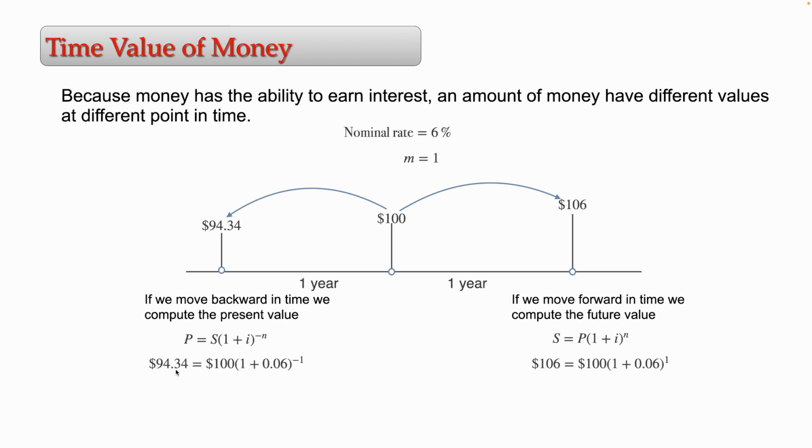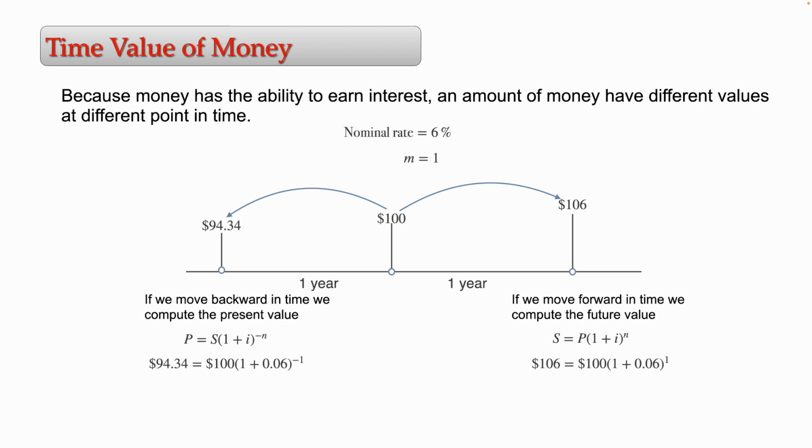So this value 94.34 results from computing this present value using this $100 as a future value. If you notice, these two formulas are almost the same, so we can think that if we move forward in time, we use a positive exponent, and if we move backward, we use a negative exponent.